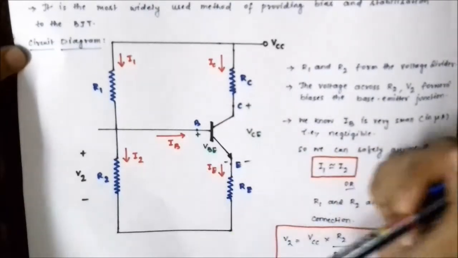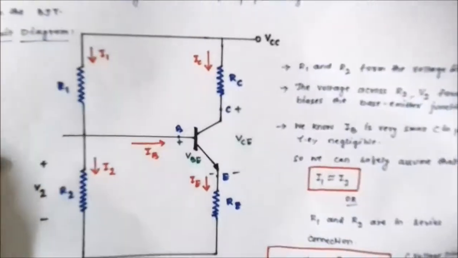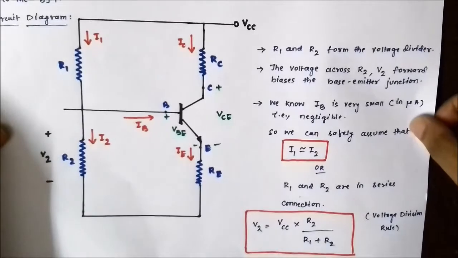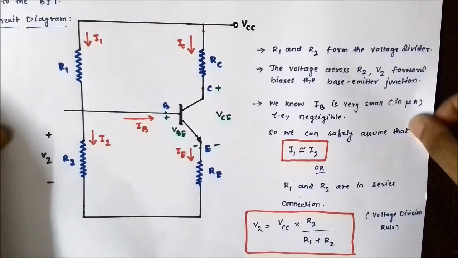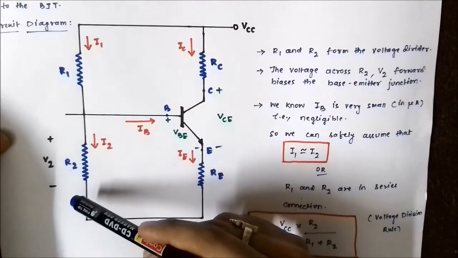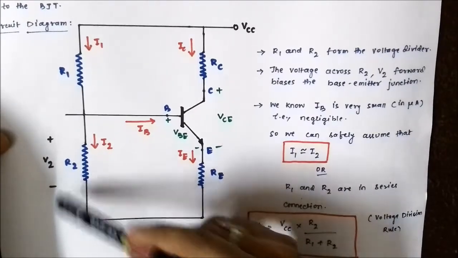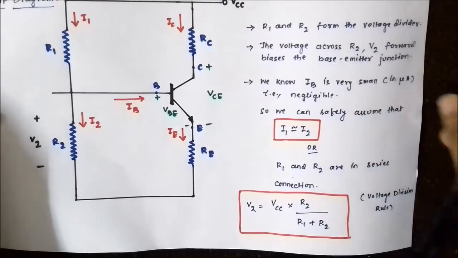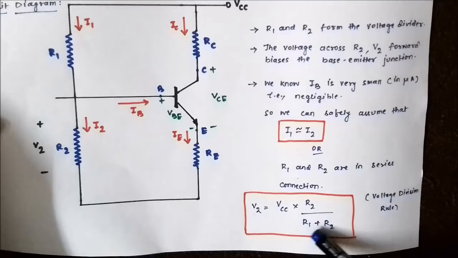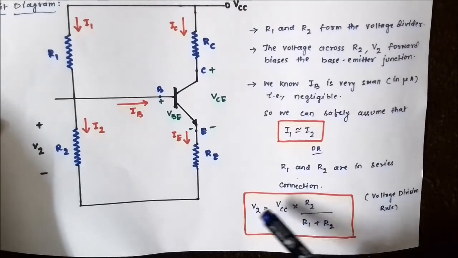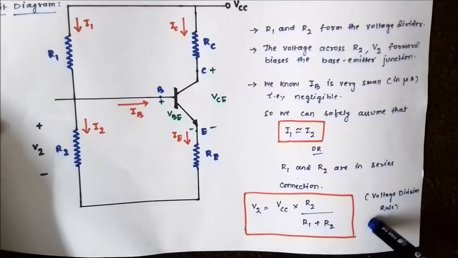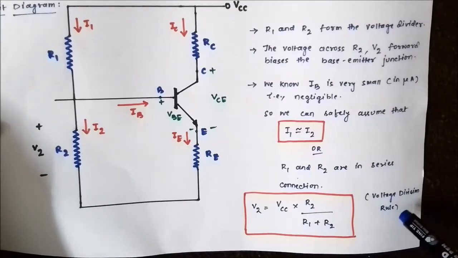So if we apply the voltage division rule here, the voltage across the resistor R2, which is written as V2, can be written as V2 is equal to VCC into R2 by R1 plus R2. This is the voltage drop across the resistor R2, which is calculated as per the voltage division rule.